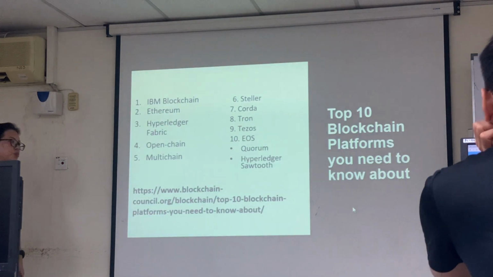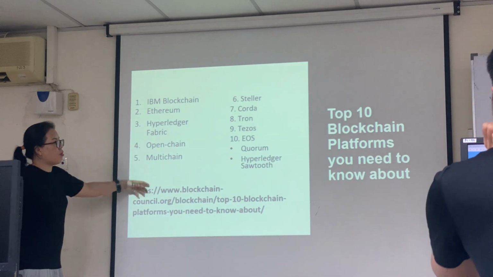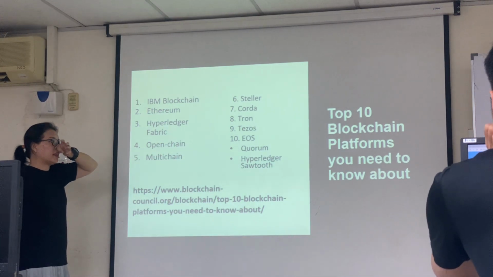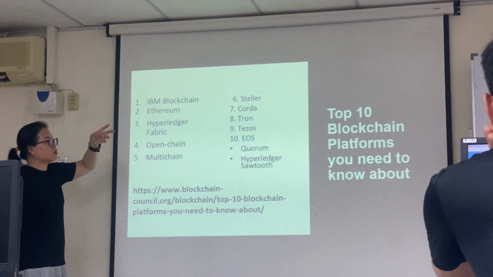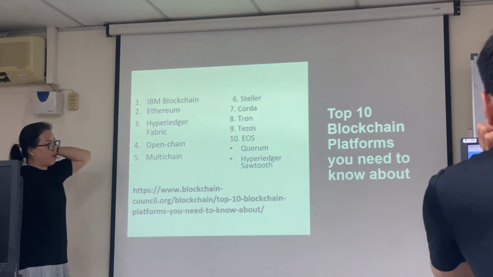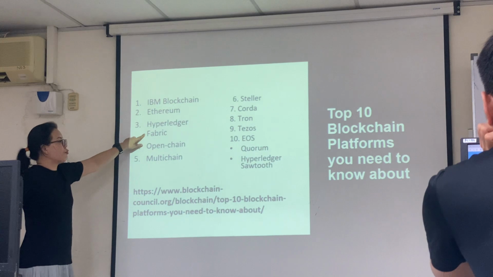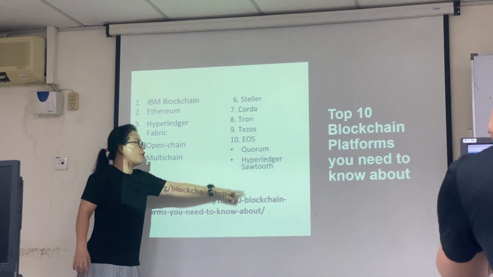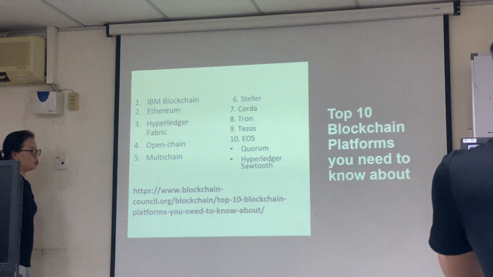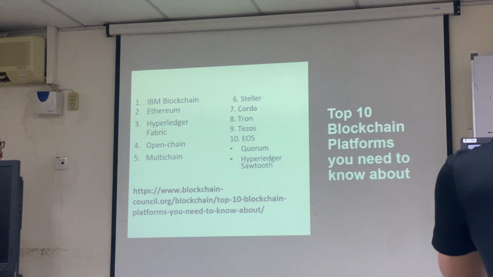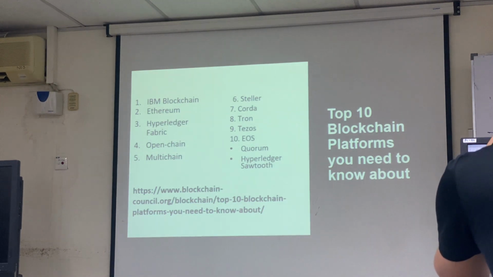We will go through them. Let's say I type in Google, and they tell me the top 10 blockchain platforms you need to know about. You can see there's Hyperledger Fabric, and they have Hyperledger Sawtooth, used for different purposes. There are also multi-chains, open chains, and so on.